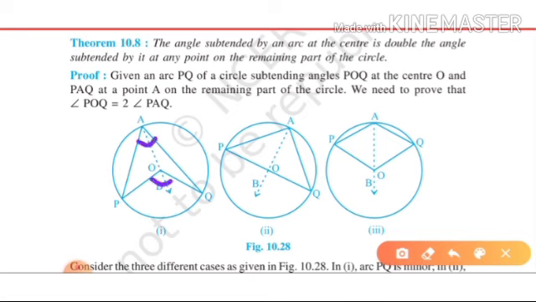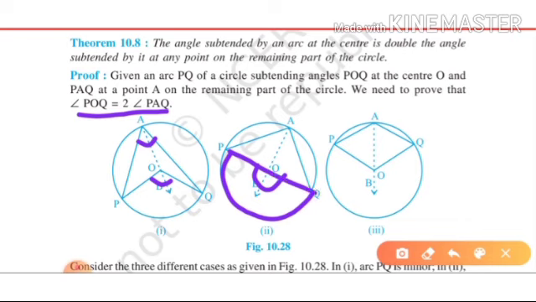So this angle is double this angle PAQ. Again, if you see here, this is also a chord, this is also an arc. Here you can see POQ is the diameter of the circle.